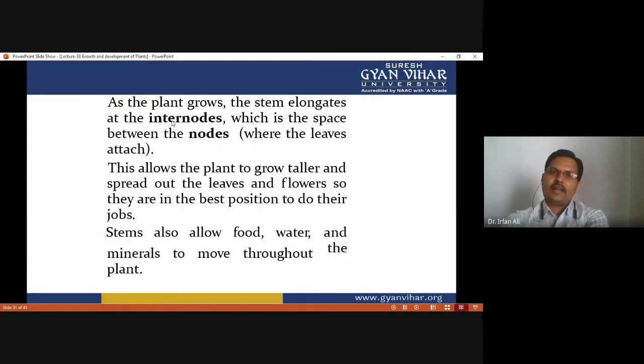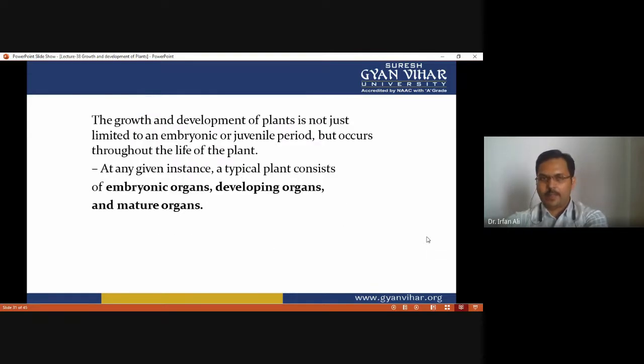That's why as the plant grows, the stem elongates at the internode, which is the space between the nodes where the leaves attach, and this allows the plant to grow taller and spread out the leaves and flowers, so they are in the best position to do their job, and this is called primary growth. And the stem also allows food, water, and minerals to move throughout the plant.